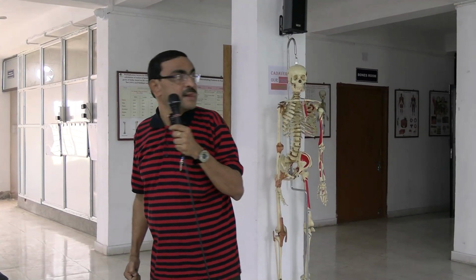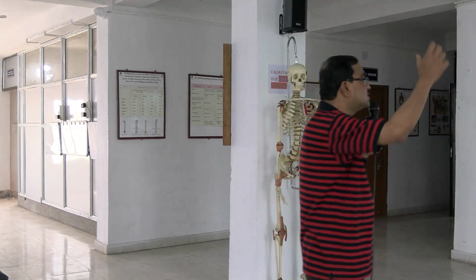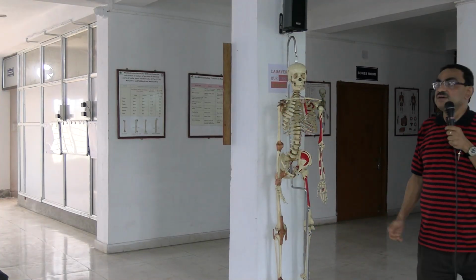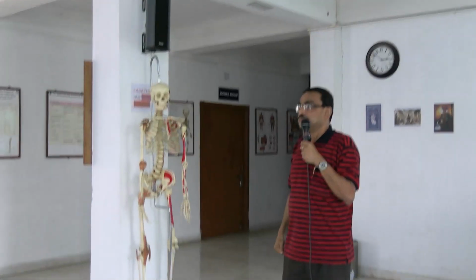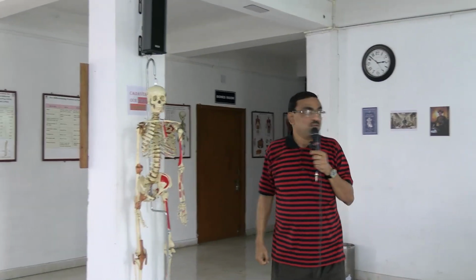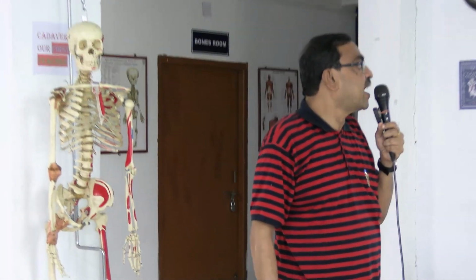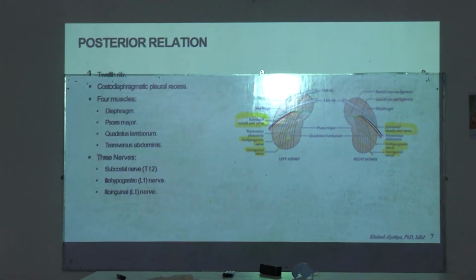From medial to lateral, you can find one muscle most medially, that is the psoas major muscle.